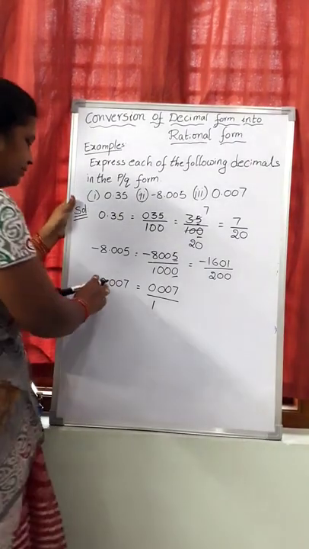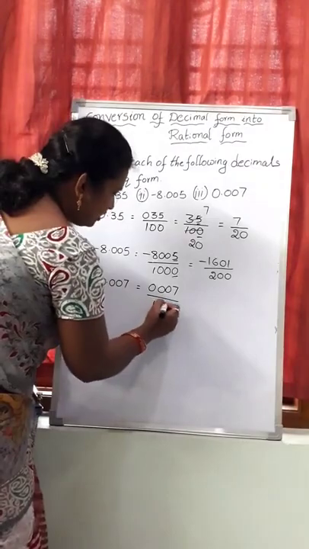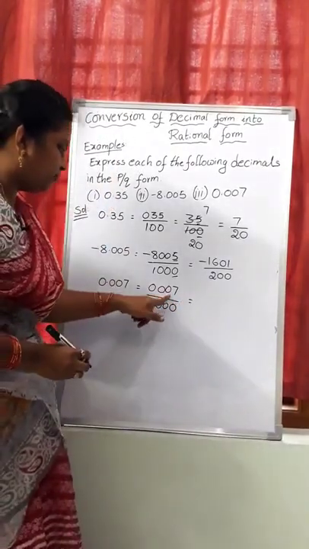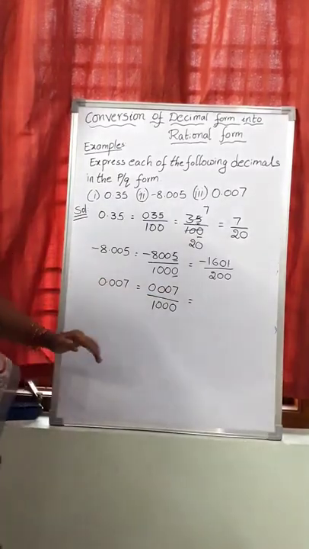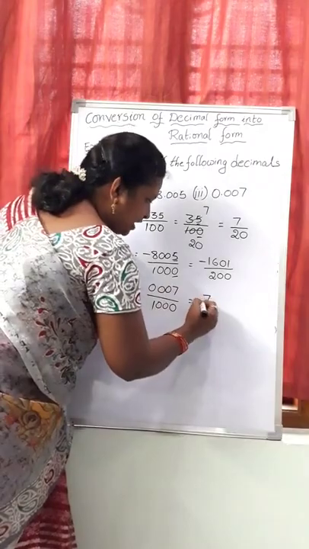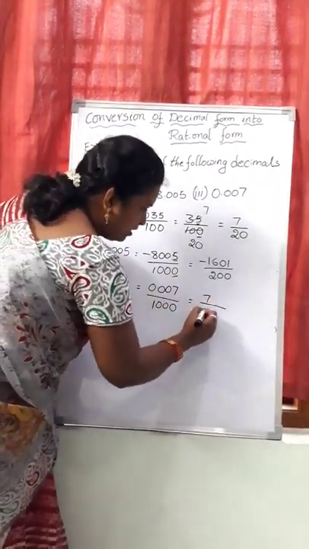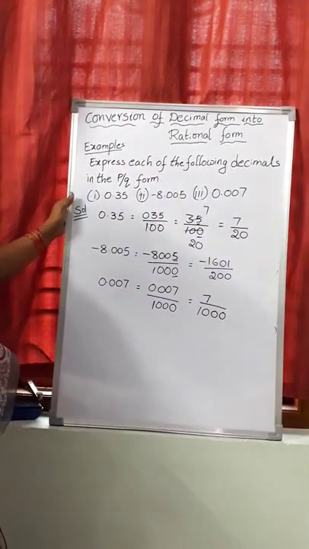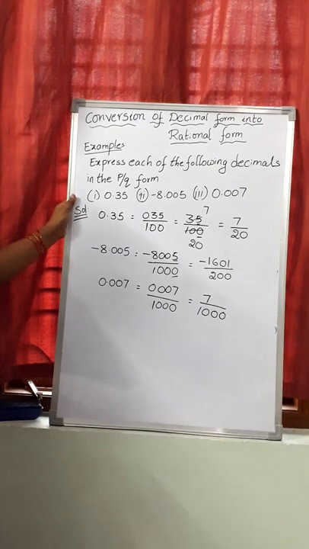Here 3 decimal places are there. Keep 3 zeros. Then we know that at the leftmost place if you are having zeros then there is no value. So directly we can write it as 7 by 1000. This is the conversion of a terminating decimal into the rational form.